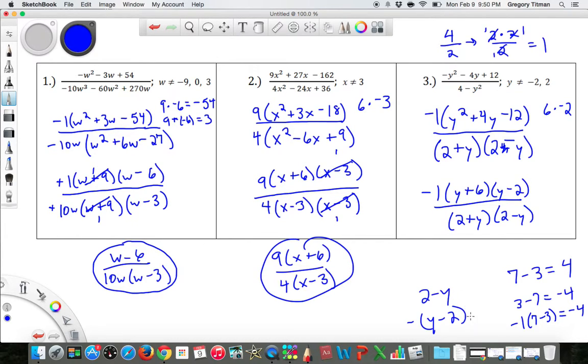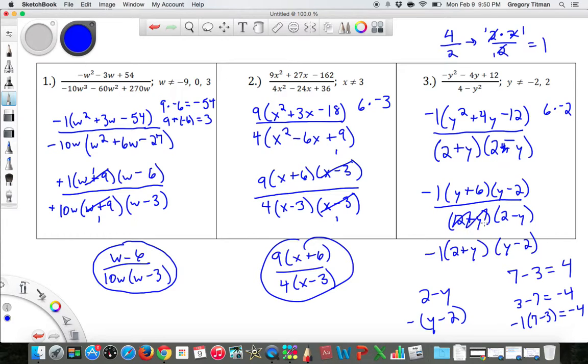So we're going to get the same value if we evaluate for y in either of these. But by factoring out that -1, it switches the order of these two terms within that binomial factor. So I'm going to have to rewrite my denominator just slightly, so I'm going to do it right below here. So I have 2 plus y. I factored a -1 out from that, and then that reverses the order of these two terms.